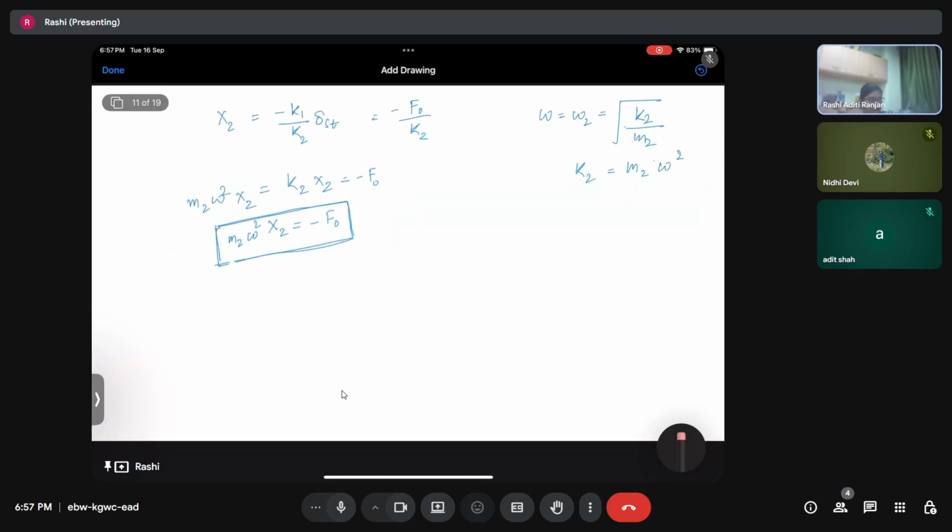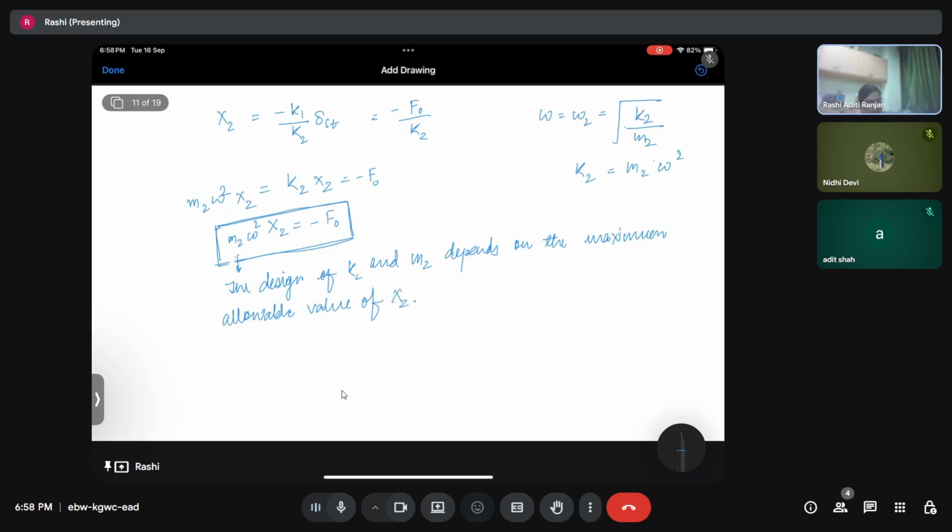the design of k2 and m2 depends on the maximum allowable value of x2.